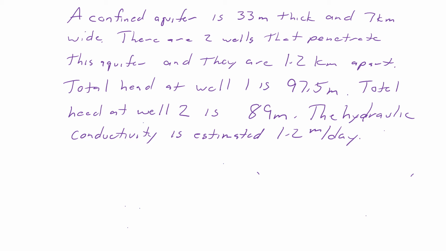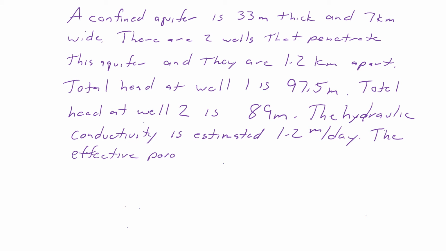Okay, so that's the data we have so far. I'm going to give you a little bit more information. We also know the effective porosity. Remember, we have porosity and we have effective porosity. Regular porosity is just how much of the rock is taken up by pore space.